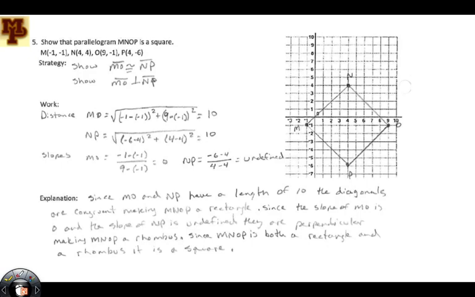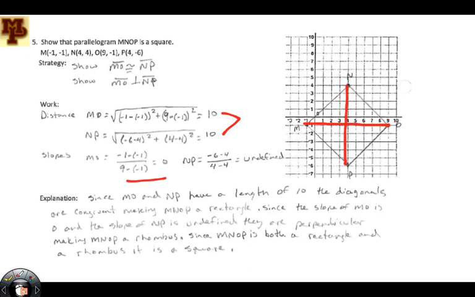All right, let's see what we got next here. I'll go ahead and include that work. That's another option. This one is showing the work where they calculated the distance. They did a couple of segments. They did the diagonals congruent, which is another way to make it a rectangle.